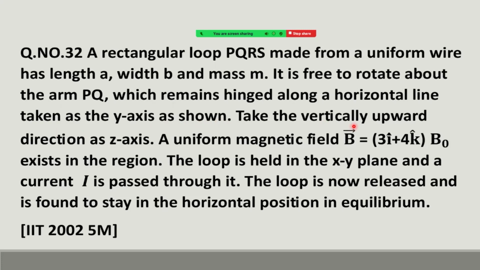Take the vertically upward direction as the z-axis. A uniform magnetic field B bar equal to 3 i cap plus 4 k cap B naught exists in the region. The loop is held in the xy plane and a current I is passed through it. The loop is now released and is found to stay in the horizontal position in equilibrium.